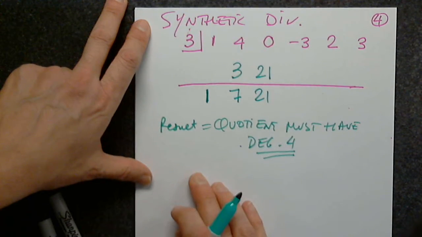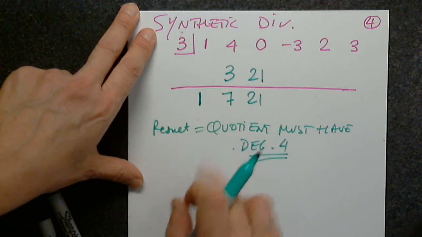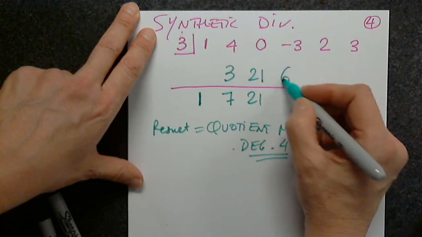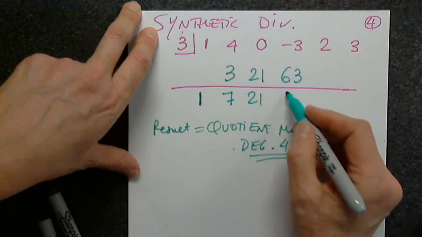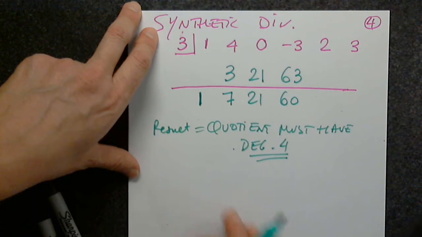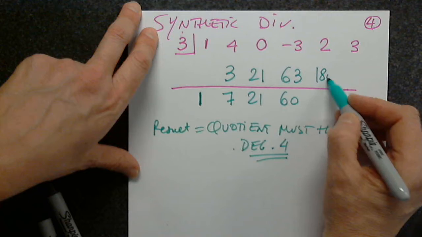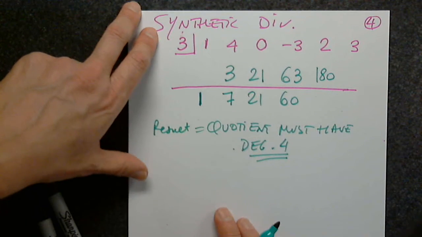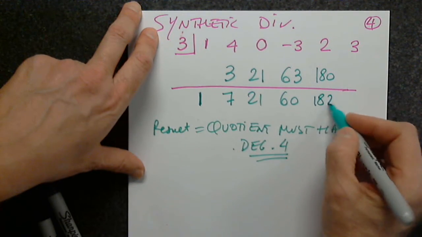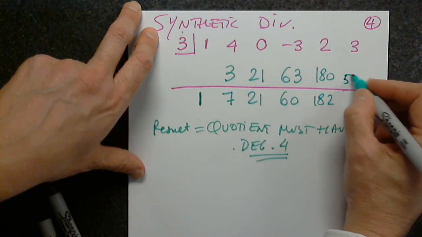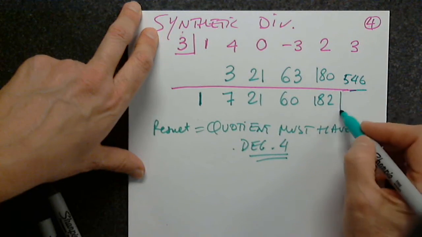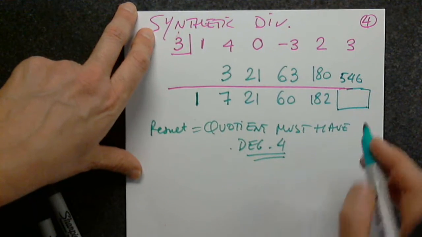We get 21. 3 times 21. We write it above the line like before, and we repeat till the end. And we perform the operations. 3 times 60, 180. We write it above the line, perform the operations. We add 182. And 3 times 182 was, what is it, 546. So I box in 549.